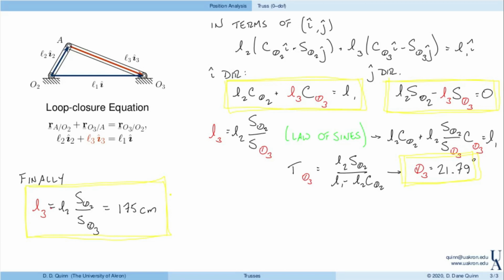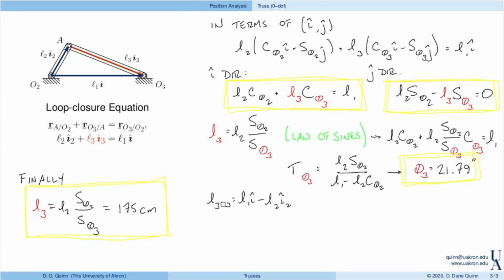Now, notice that this was not the most fun thing in the world, and in particular, I ended up with two simultaneous equations. I will note, and this will be useful later, that from this vector equation, I can write L3 I3 as L1 I1 minus L2 I2. Well, why is this useful?